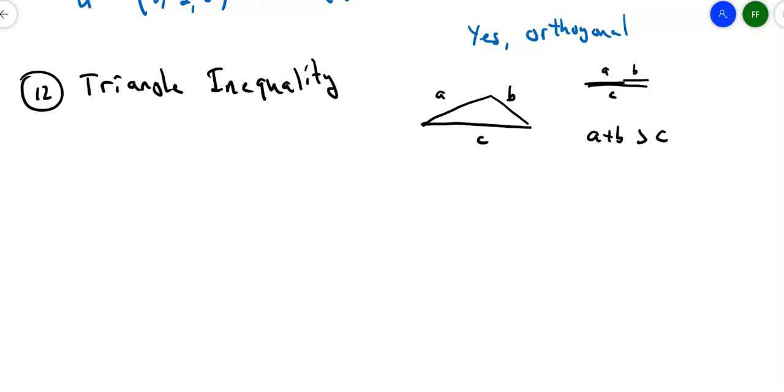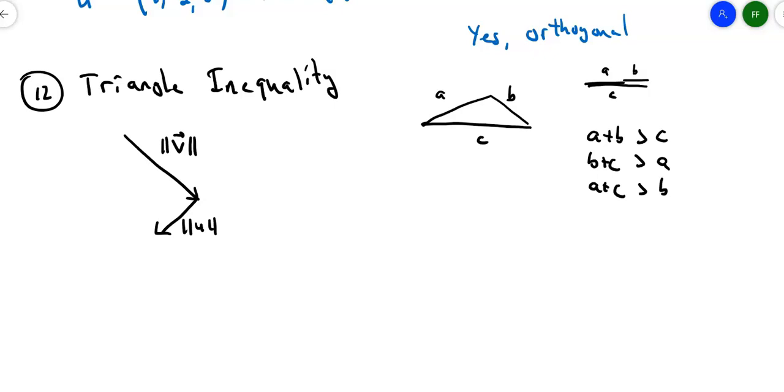It turns out it works for the other ones too. B plus C has to be bigger than A, and A plus C has to be bigger than B. That's the triangle inequality. Well, suppose I have a couple of vectors. Suppose I've got a vector v, so here's the magnitude of vector v, and the vector u, and here's the magnitude of vector u.